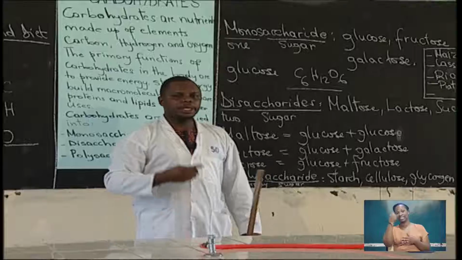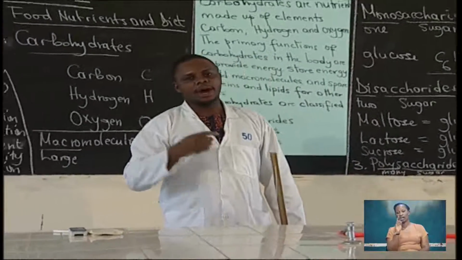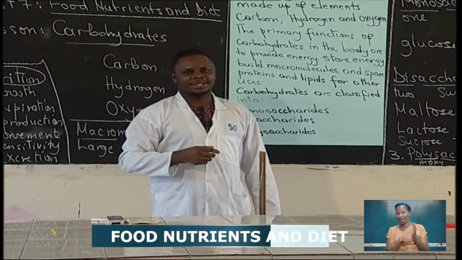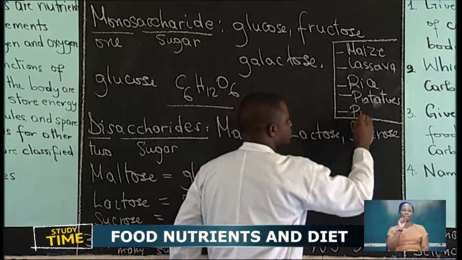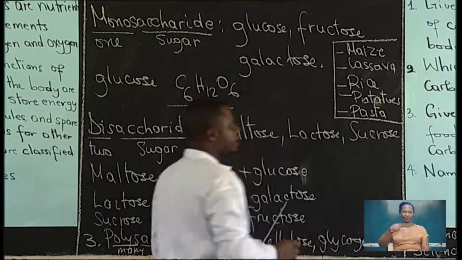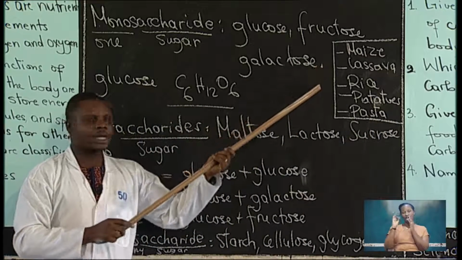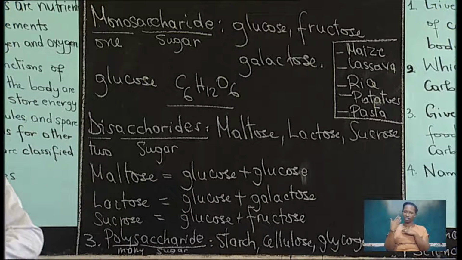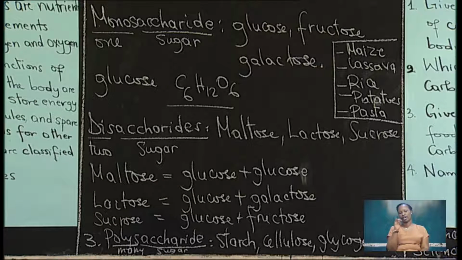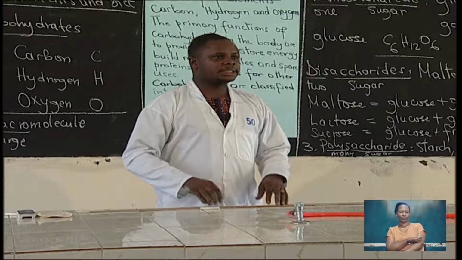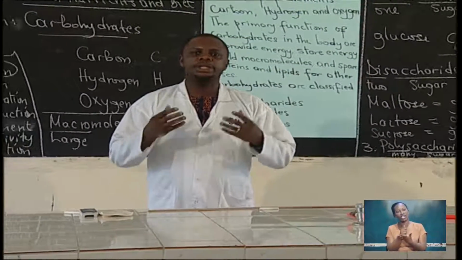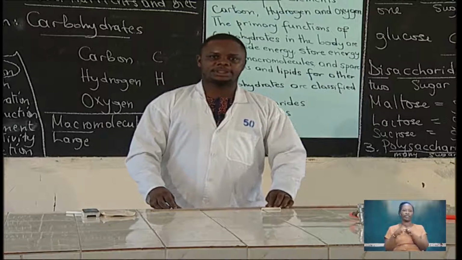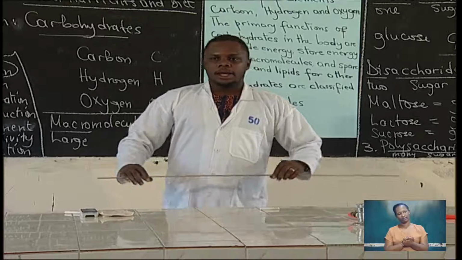What else can we eat in order to get carbohydrates? We can also eat pasta. These are some of the foods we can eat in order to get carbohydrates. And when you eat them, that means you are eating them to get energy. That energy is very important because it allows your body to perform different activities.